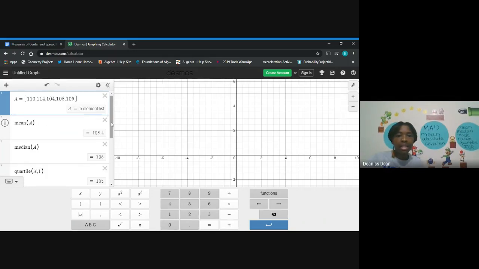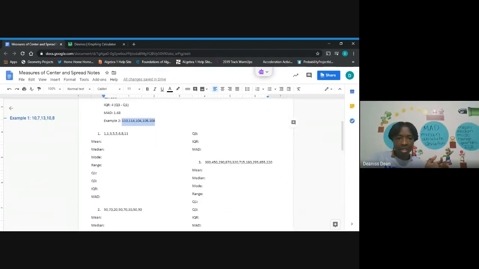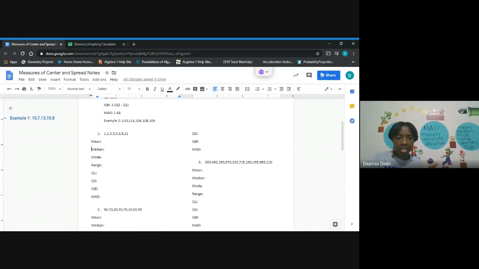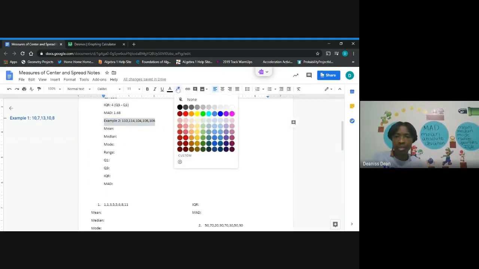That's my new data set. And look, everything is already done for you. So we want to get the mean, median, mode, all that stuff all over again for example 2. For example 2, I'm going to highlight this one in orange.